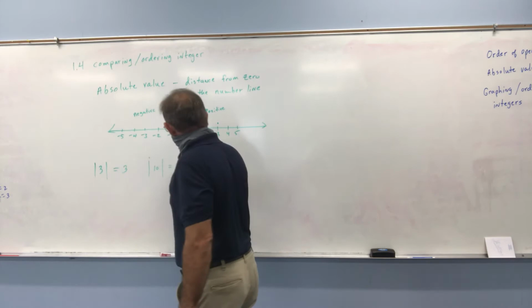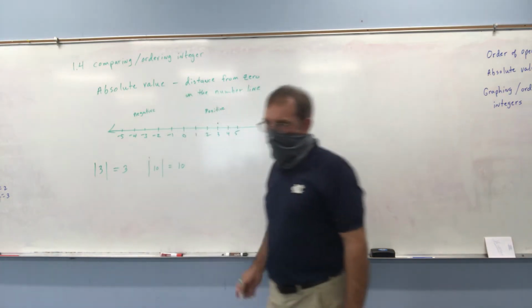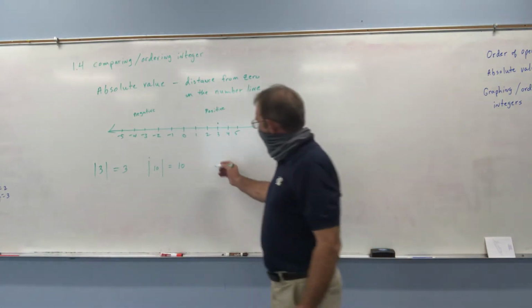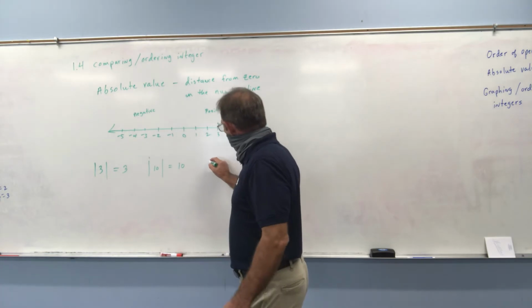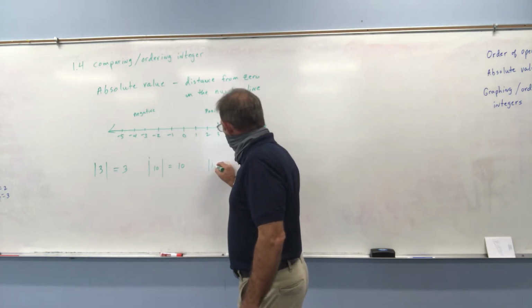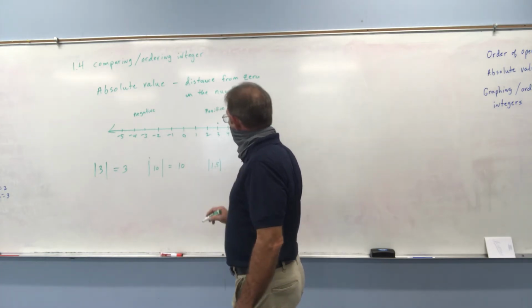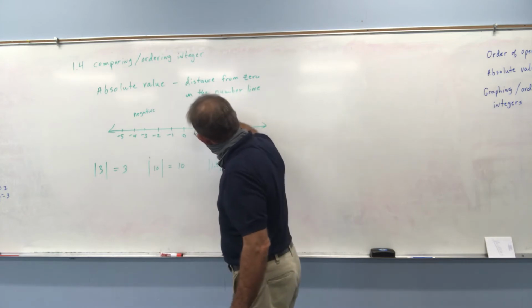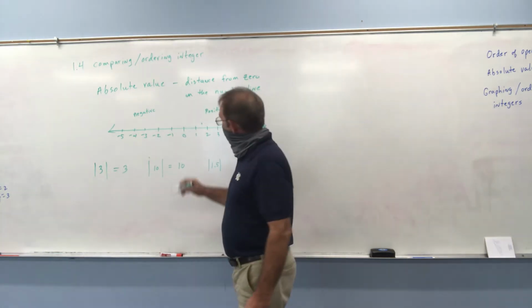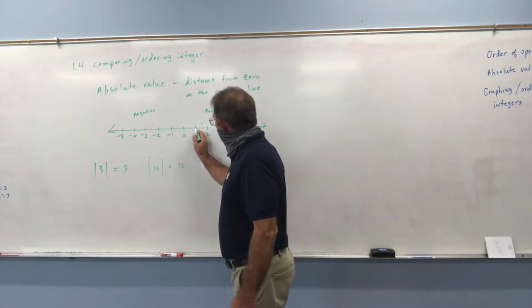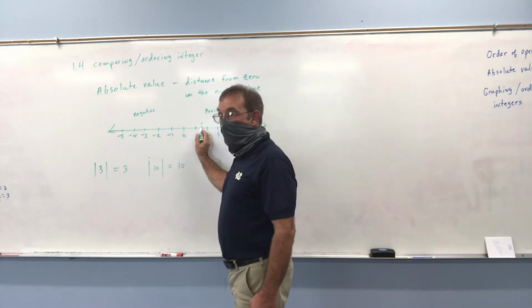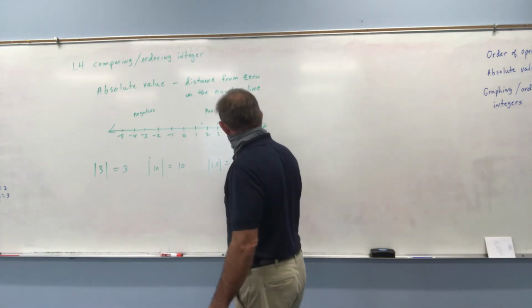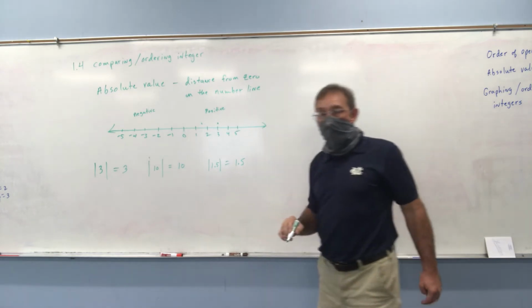So the absolute value of 10 is 10. What if it was a number, not necessarily a whole number? What about the absolute value of 1.5? Well, here's 1.5. It's 1 whole unit plus a half of a unit away from 0. So its absolute value is 1.5.